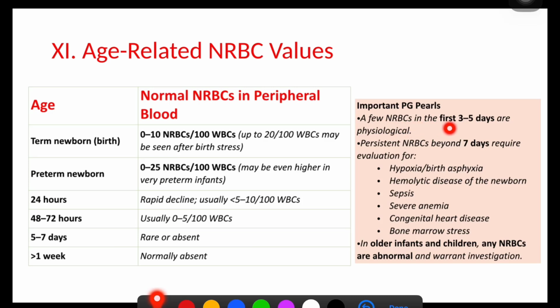A few NRBC in the first 3 to 5 days are physiological, but persistent NRBCs beyond 7 days require evaluation for hypoxia, hemolytic disease of the newborn, sepsis, severe anemia, congenital heart disease, or bone marrow stress. So NRBC count is very important whenever we see a peripheral smear picture of a pediatric patient. And in older infants and children, any NRBCs are abnormal and warrant investigation.